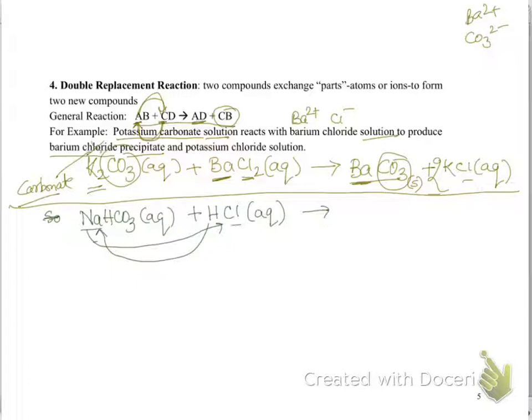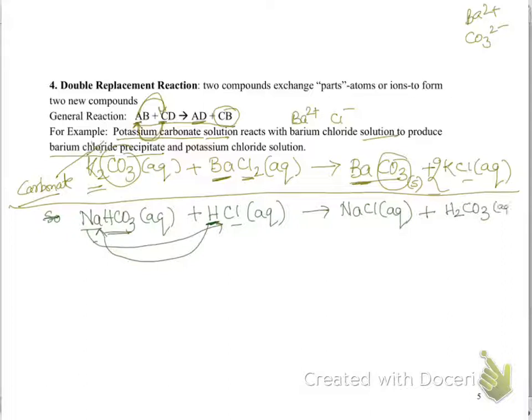Sodium is combining with chlorine. Sodium is Na plus, chlorine is Cl negative, makes NaCl solution. And this H is H plus and HCO3 is negative, and H plus with HCO3 negative makes carbonic acid, H2CO3.